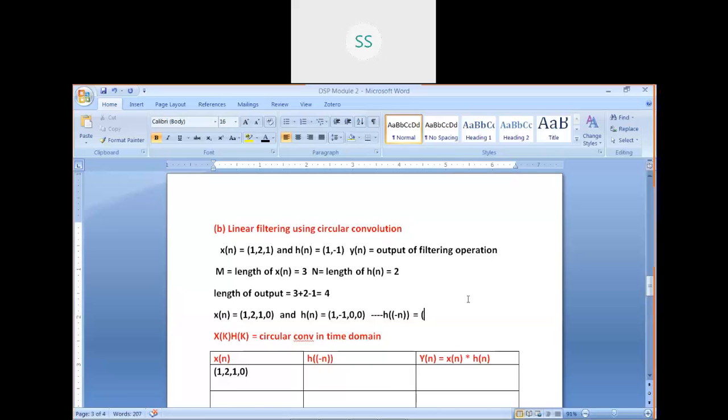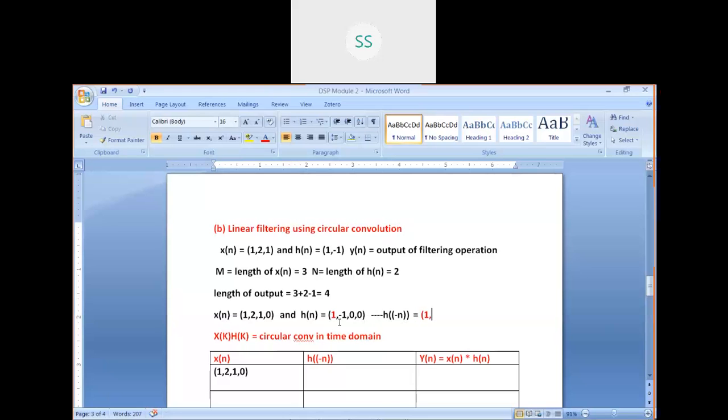Now in the circular convolution we have used this already. You will have to circularly reverse the sequence, and we are circularly reversing about this 1. That is important. So this 1 will remain as it is. The only thing is you have to write the remaining samples in the reverse order, starting from 0.